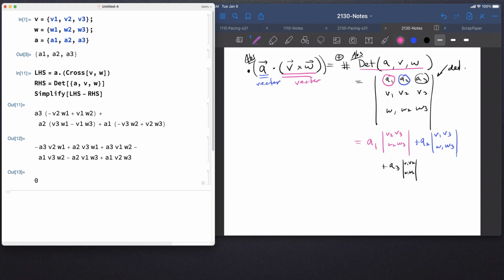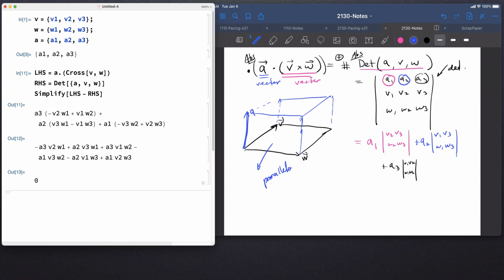Let's say that you have the vector A. I'll draw A this way, and then maybe I had V and W, which made this parallelogram. But now there's a third vector A, which acts as a third dimension for this thing. And if I move the vector A to all the other corners, what we're getting is some sort of what I would call a wonky box, or you can call it a parallelepiped.